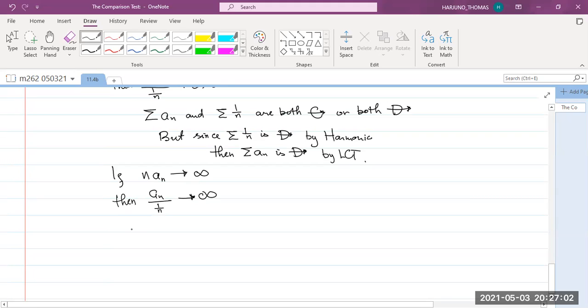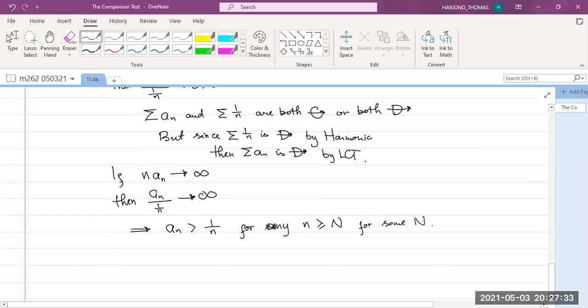That implies that a sub n is greater than 1 over n for any n greater than some capital N. How to say that?